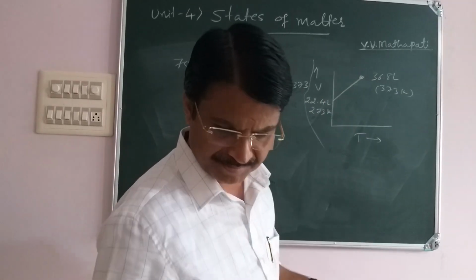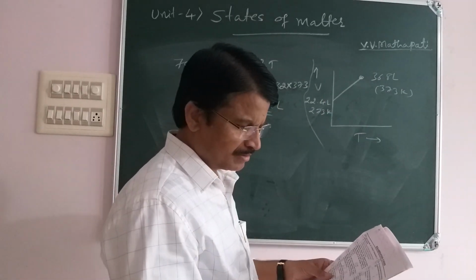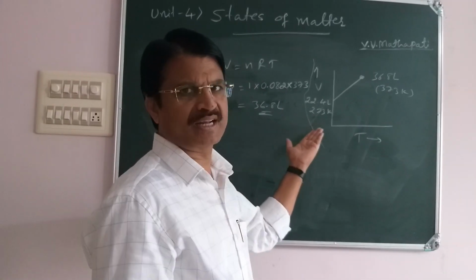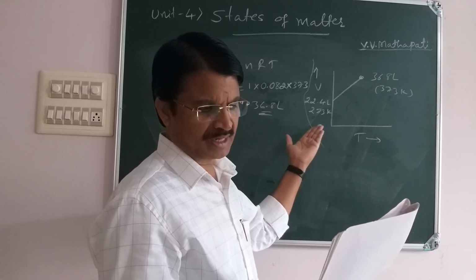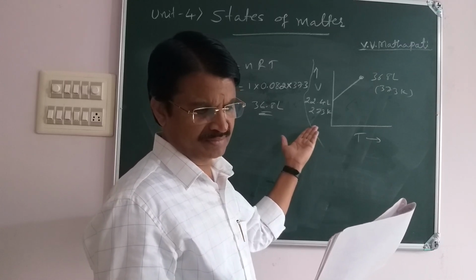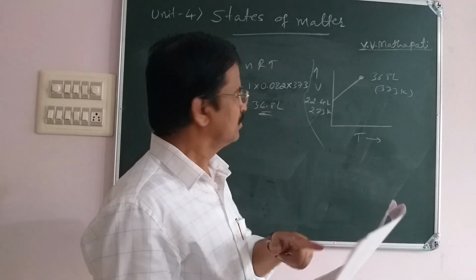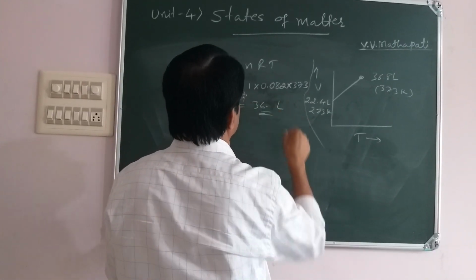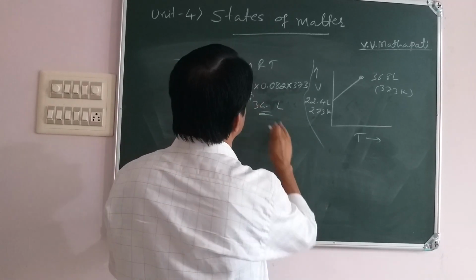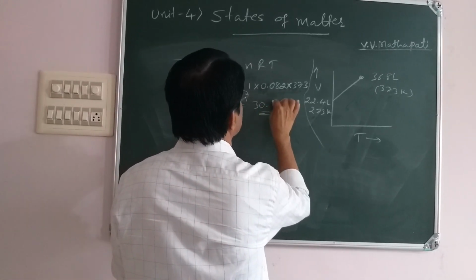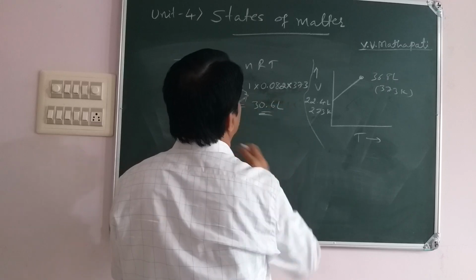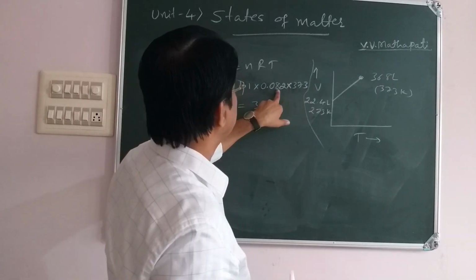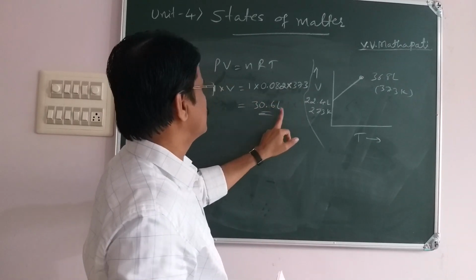If you get answer 28.6, you can take second option. 30.6. One second. When you multiply these two, 82 into this number, we get 306 something.